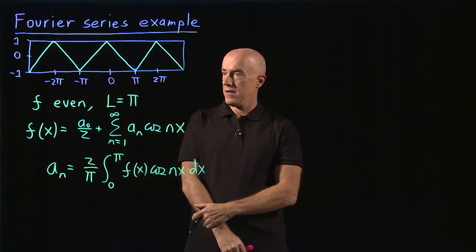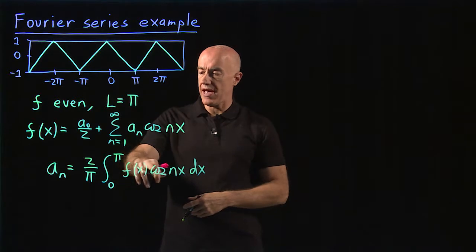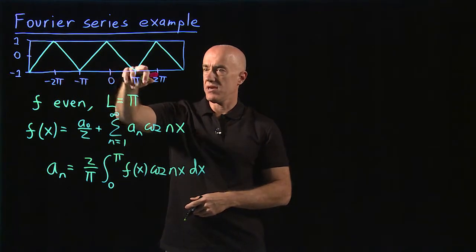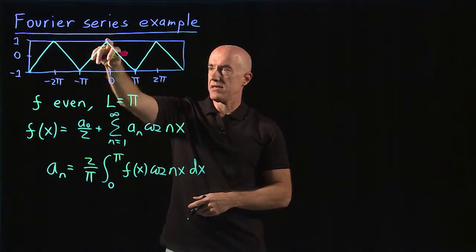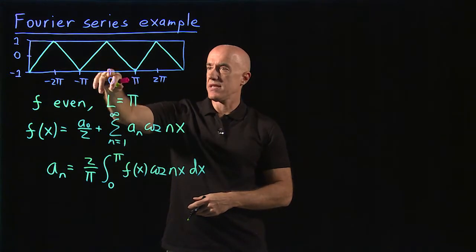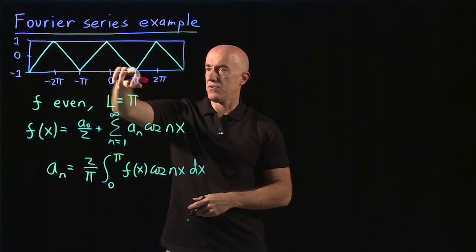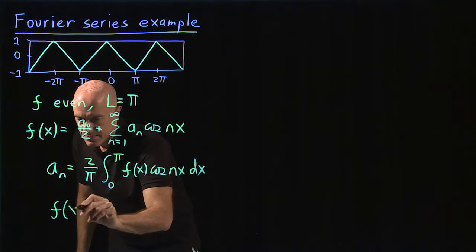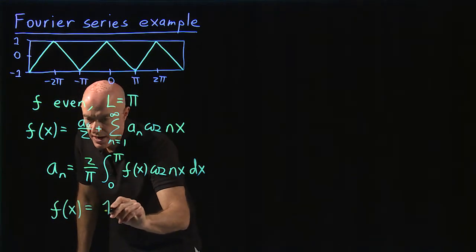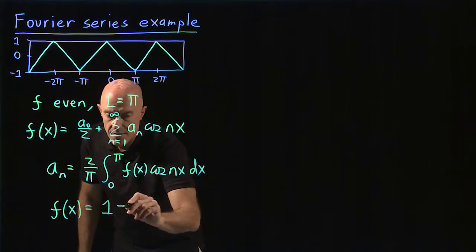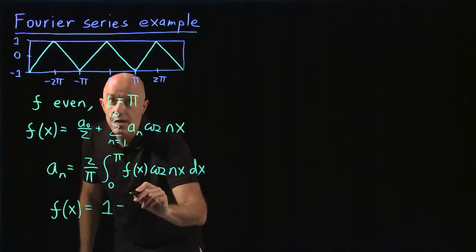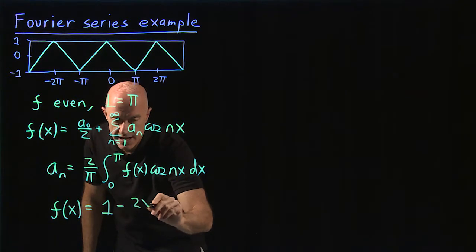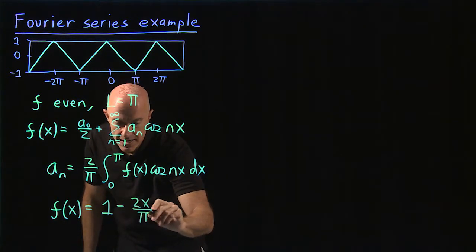Okay. So we need to represent what f of x is, this function between 0 and pi. It's just this line that starts at 1 and goes down to minus 1. So f of x is equal to 1 minus, at pi it's minus 1, so minus 2x over pi.